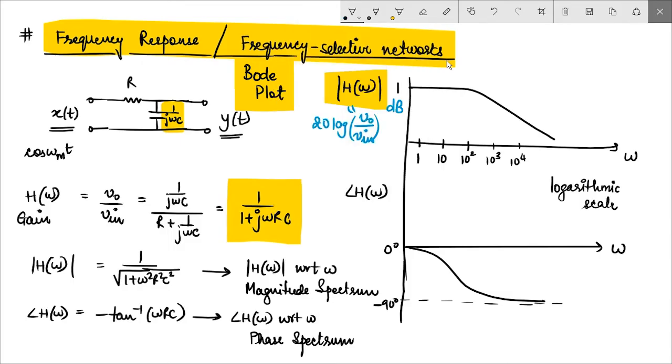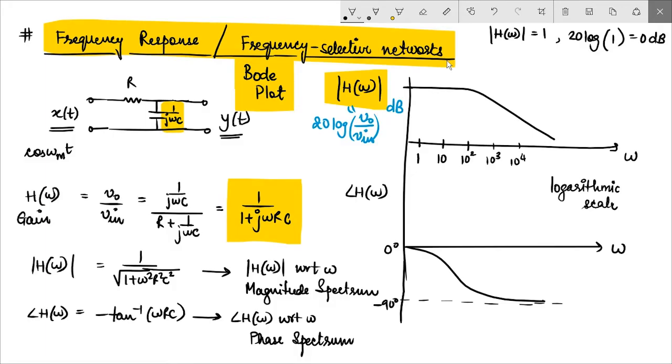If that is the case, then at this point, when H of omega is equal to 1, in dB it becomes 20 log H of omega, that is 20 log 1, which is 0 dB.